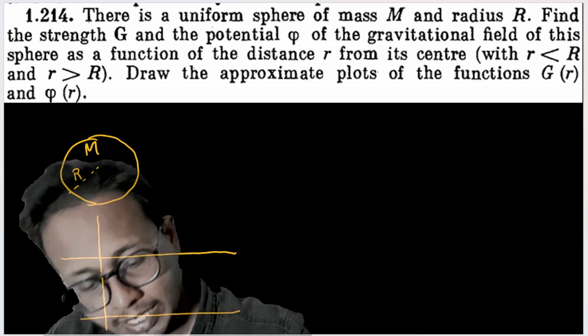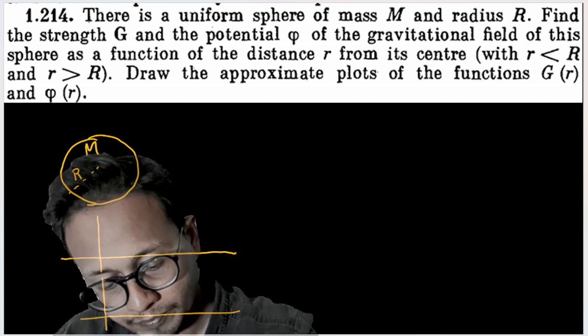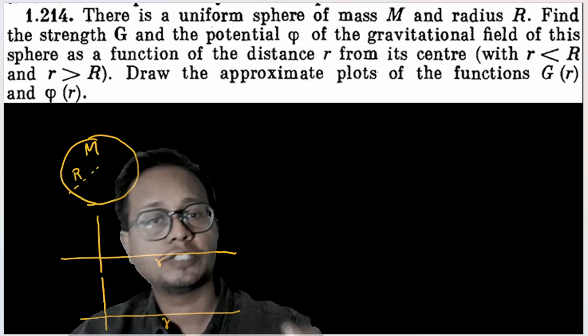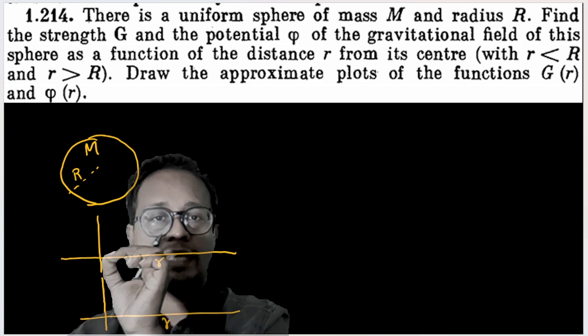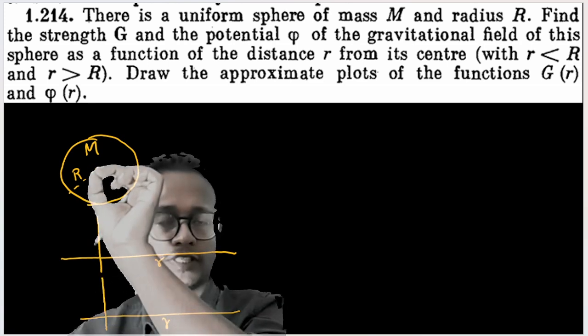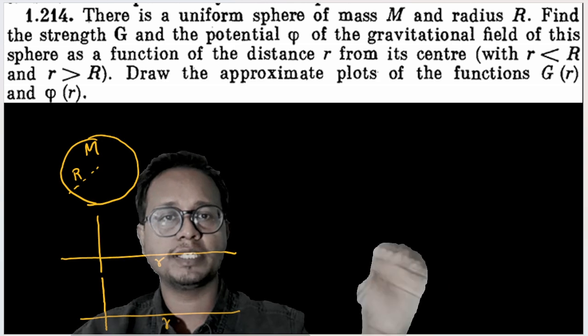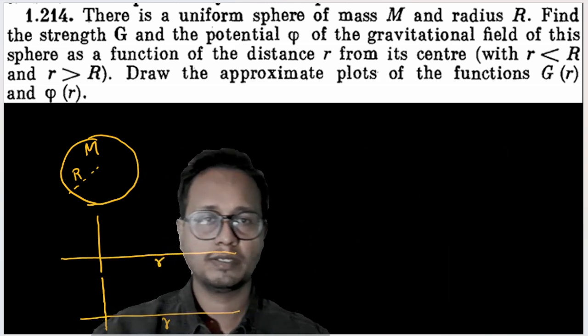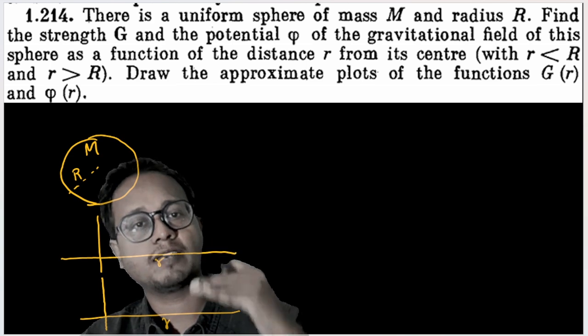On both these graphs, on the x-axis, there should be distance from the center. That means at r equal to 0 is the center of the sphere, at r equal to capital R is the surface of the sphere, and at r equal to infinity is a distance of infinity from the sphere. So there are two graphs, and you have known what the x part of the graph determines.